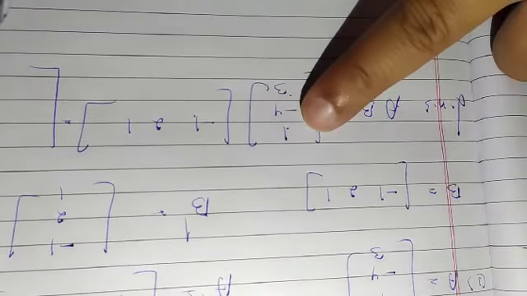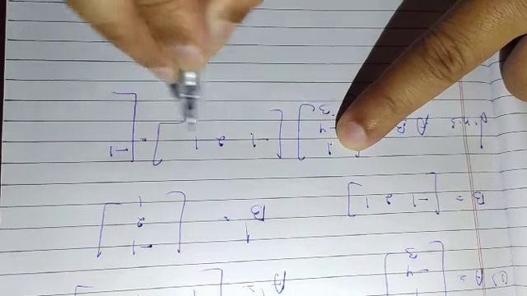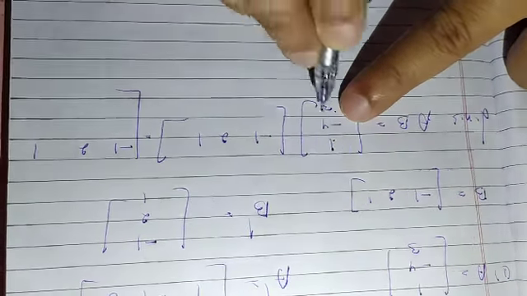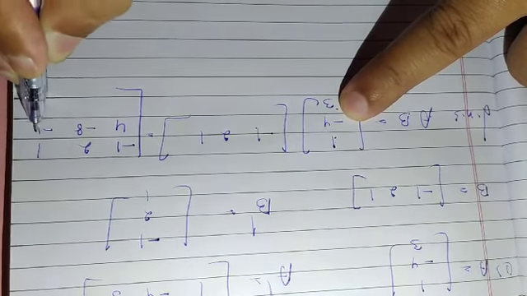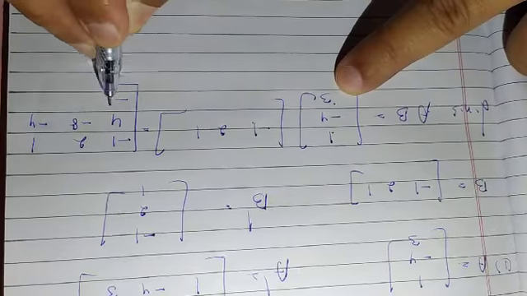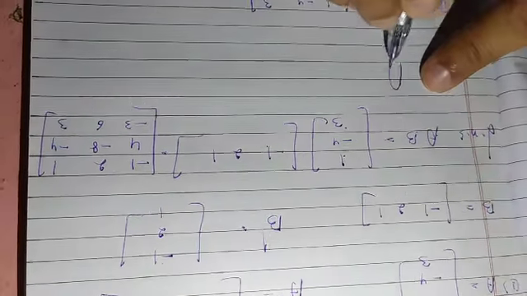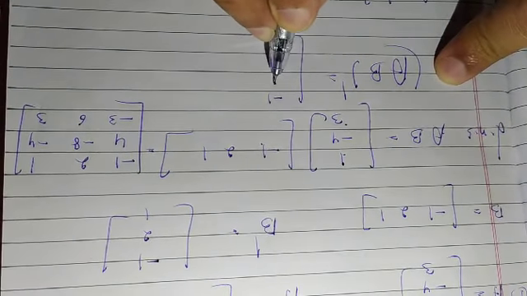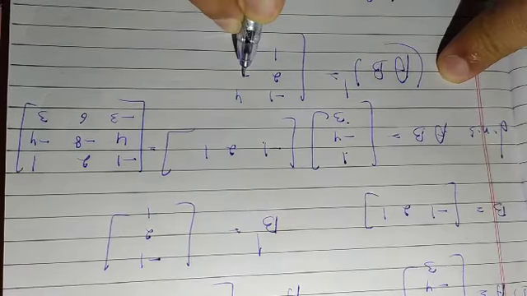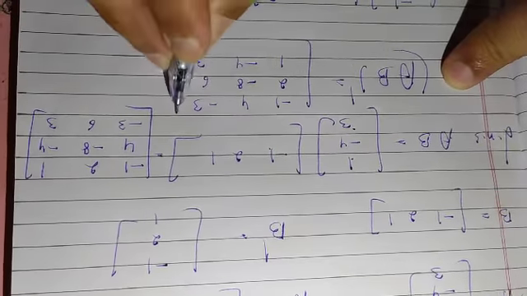Multiply A into B: minus 1, 2, 1, 4, minus 8, minus 4, minus 3, 6, 3. Transpose of AB: minus 1, 2, 1, 4, minus 8, minus 4, minus 3, 6, 3.